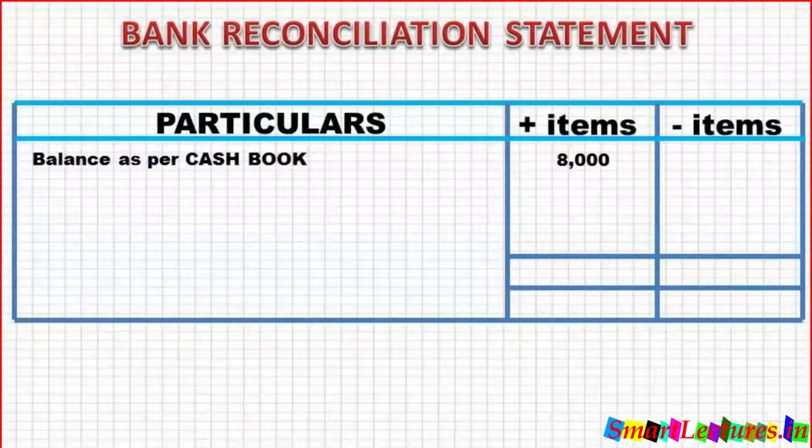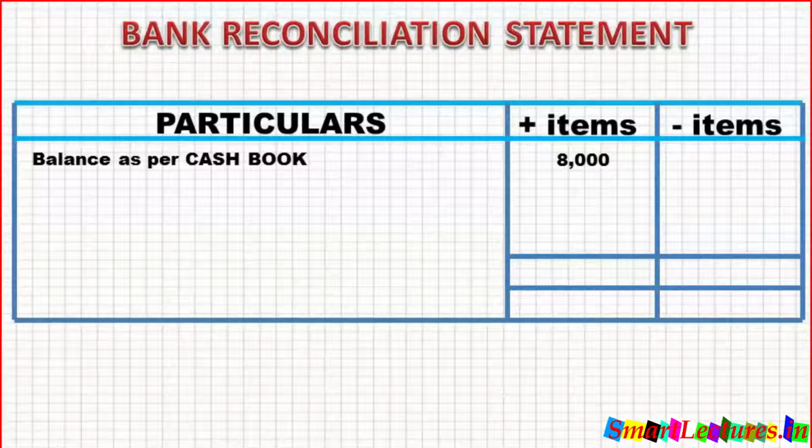This format is given differently by different publishers and by different teachers. In your classroom or in your book, you might find a bit of difference in the format, but that doesn't matter. The main thing is we have to learn how to sort out this question.